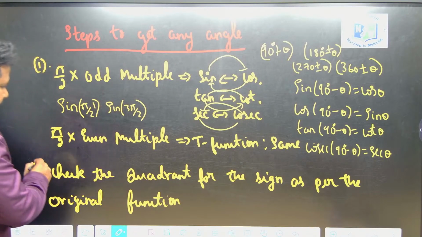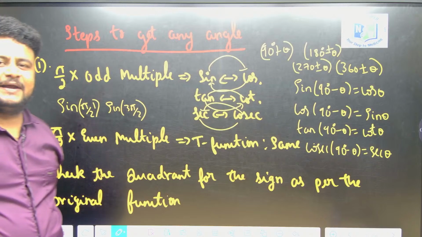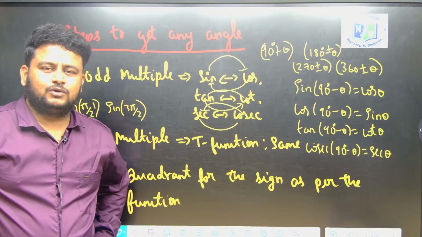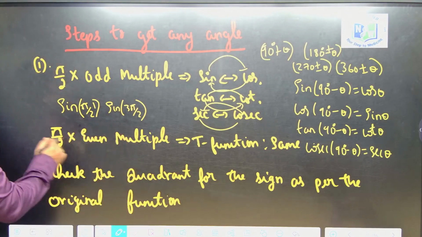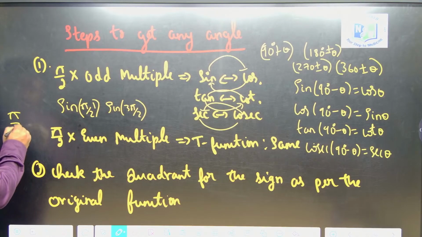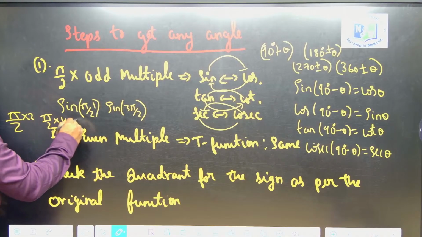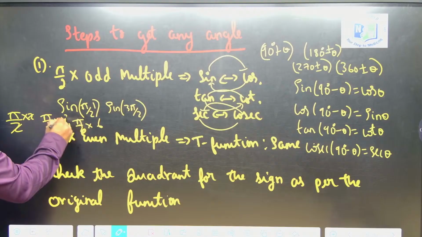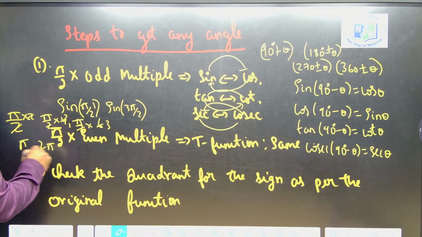Now come back here. If you have pi by 2 into an even multiple, what will happen? Even can be 2, 4, 6, 8, something like that. So it can be pi by 2 into 2, pi by 2 into 4, pi by 2 into 6. The 2s cancel, and we will have pi, 2 pi, 3 pi.